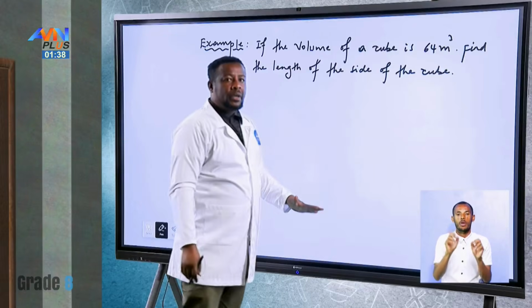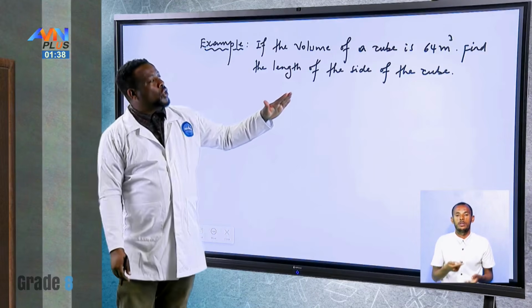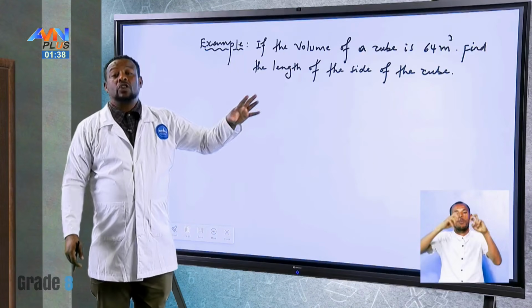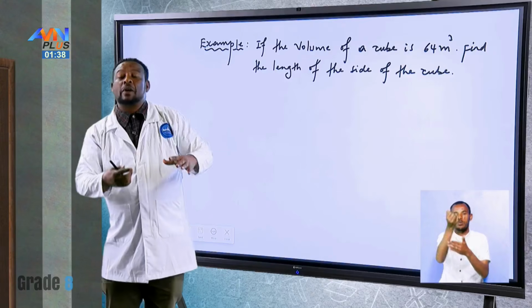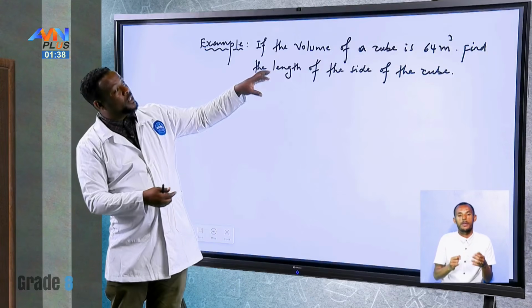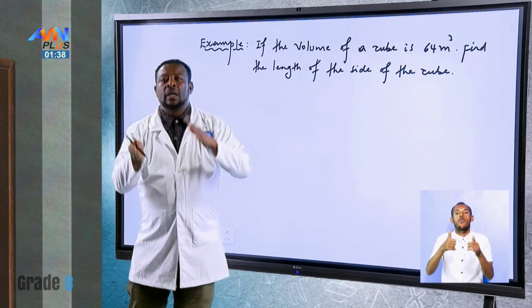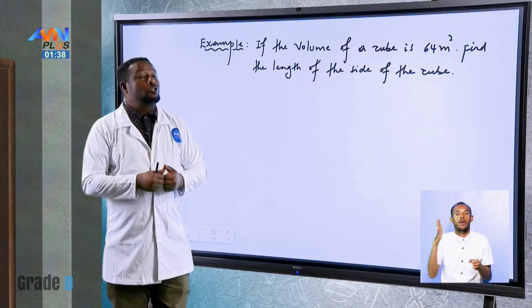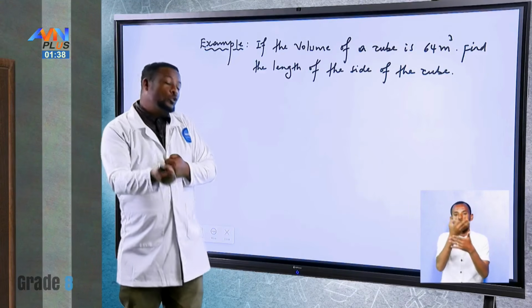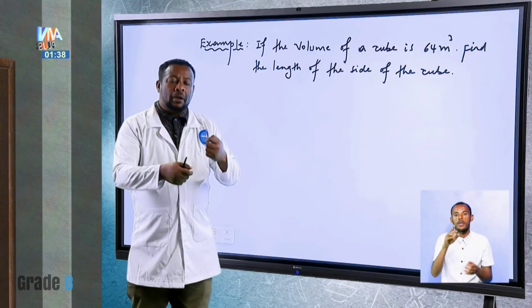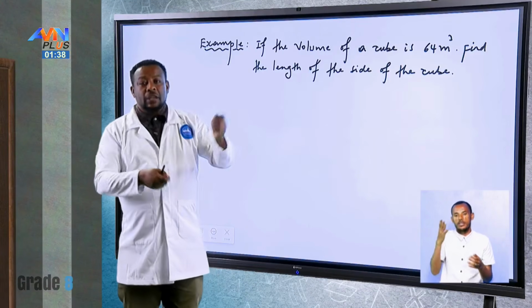Okay, to analyze or interpret this problem, it's not a must to sketch the diagrammatic representation of the problem. You know what a cube looks like. Then you need to remember the formula that we use to calculate the volume in terms of the side, and vice versa.